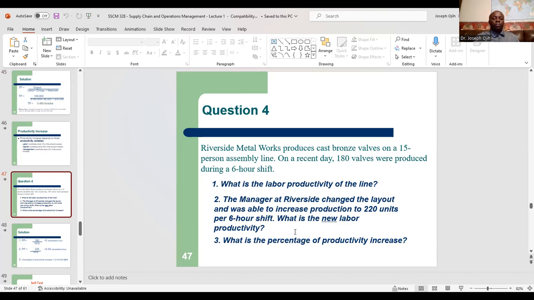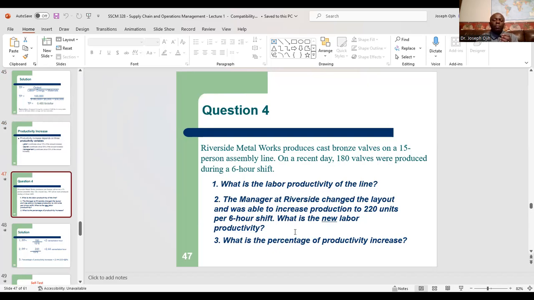So on the recent day, they produced 180 valves during a 6-hour shift, and we need the labor productivity of the line.